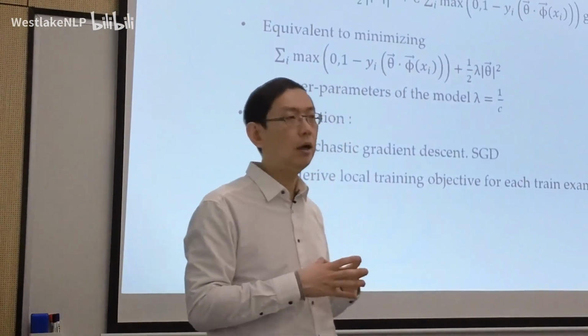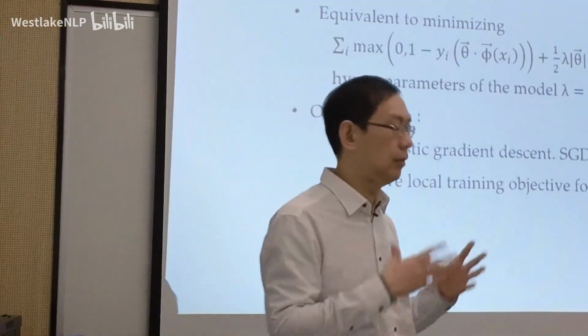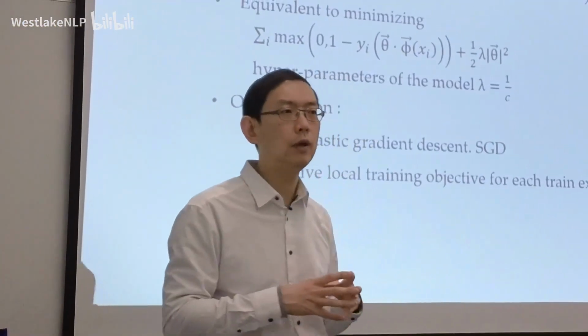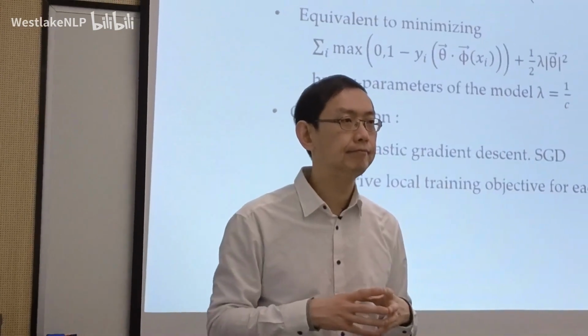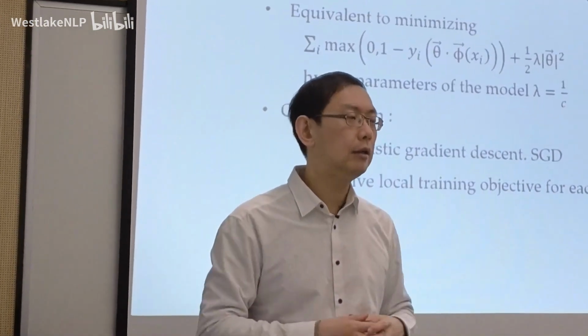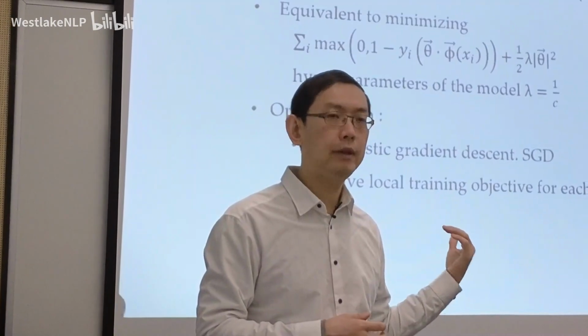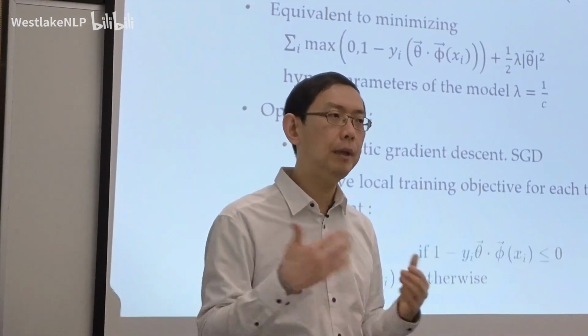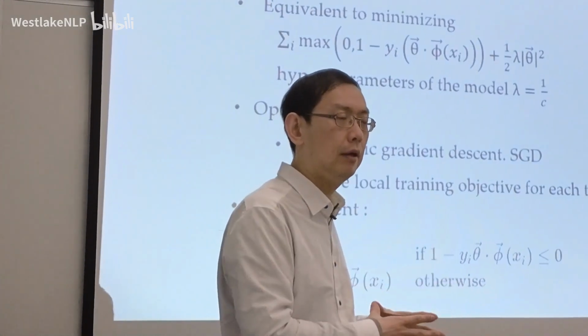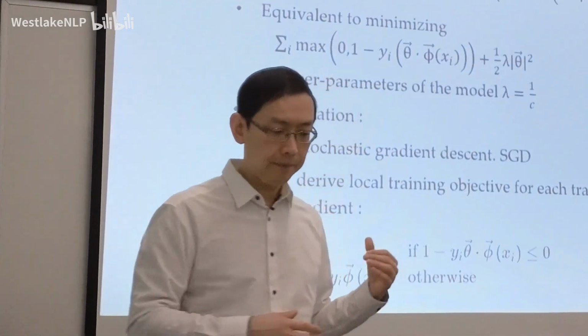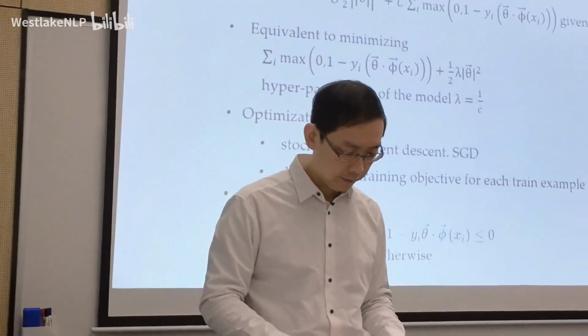Now we got this training objective. We want to minimize this using stochastic gradient descent. So what do we do? We take the derivative of this thing with respect to theta, right? And we plug the gradient into the SGD framework. We can train SVM. So, how do we take the derivative? Let's look at it.